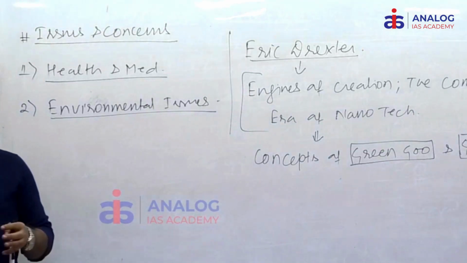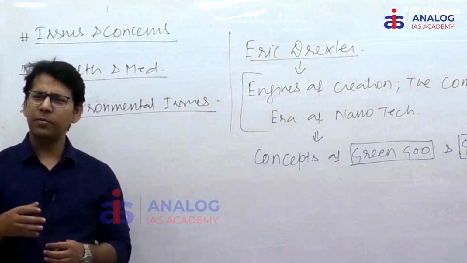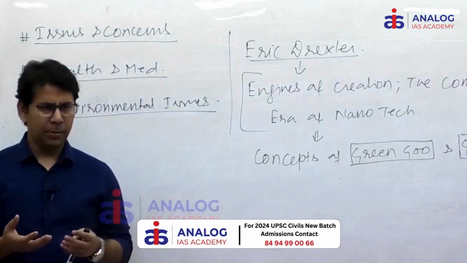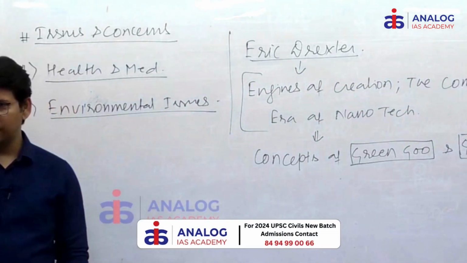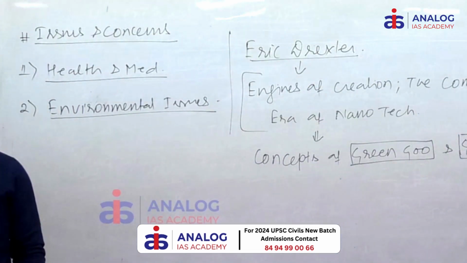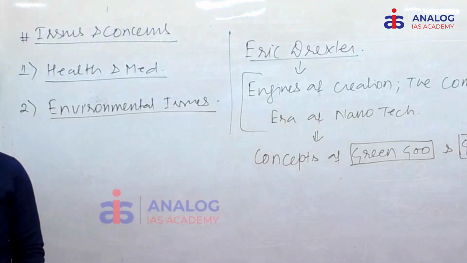And if silver nanocrystal can kill bacteria, there could be something which can kill us also. Even potassium cyanide is a chemical, and paracetamol is a chemical. Paracetamol is used as a medicine to treat fever, and potassium cyanide is a very toxic chemical which can kill human beings.